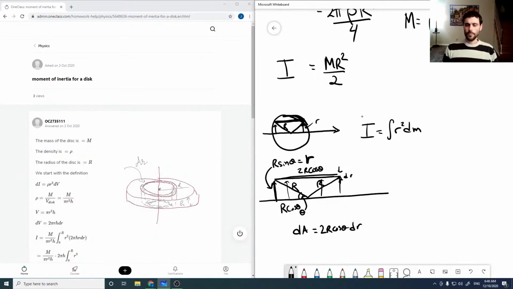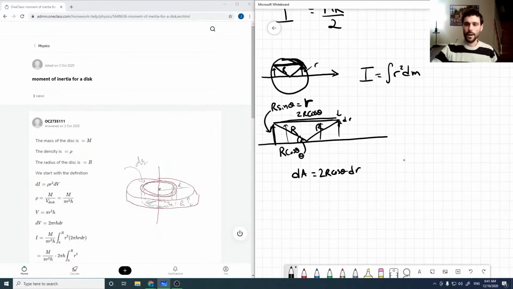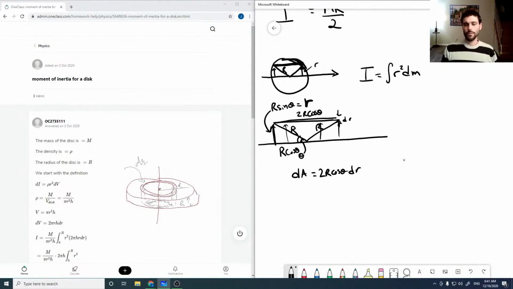Now we want to move to a theta system, and the easiest way to do that is to just use integrals. So if r is r sine theta, then dr is r cos theta d theta.